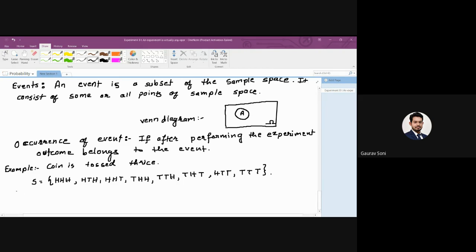So I'm defining the event now. Event A: occurrence of a single head. The event A will consist of how many elements?